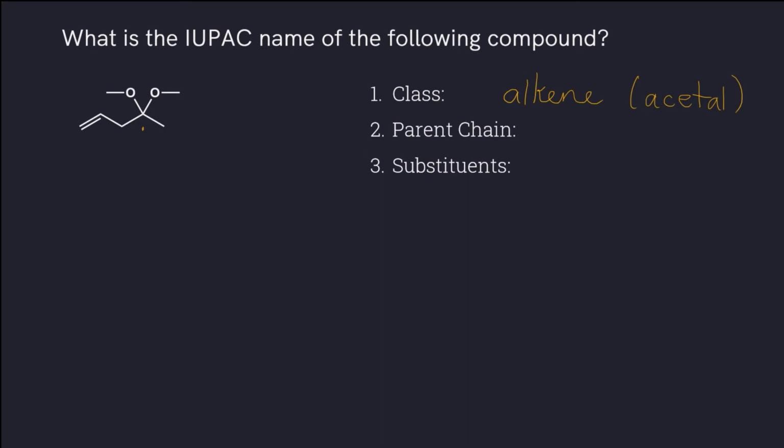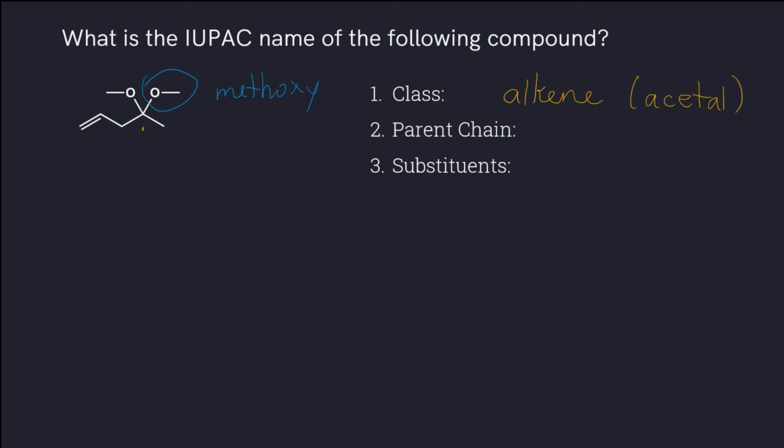And acetals are just named as if they were an alkene. And these groups over here are called methoxy groups. You have an oxygen attached to a methyl group. Therefore, the name is methoxy. If this had an ethyl group, this would be called ethoxy, and so on.